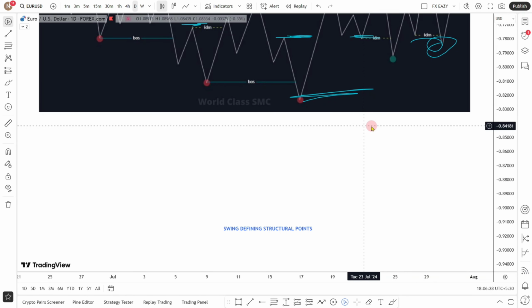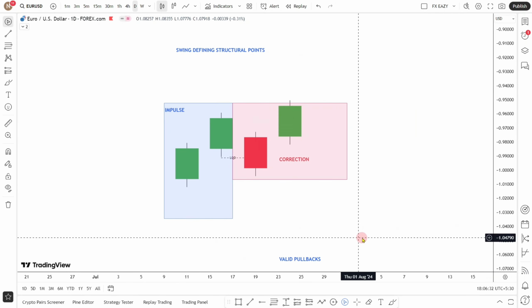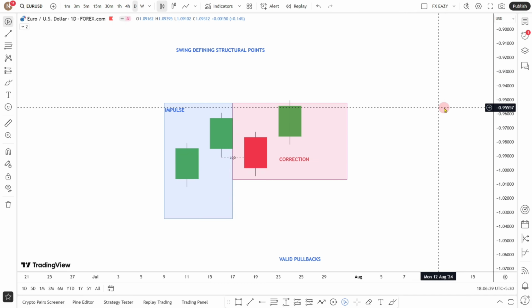So now moving ahead, about the valid pullback level that I was telling you, I showed you an inside candle, which I said is not a valid retracement.